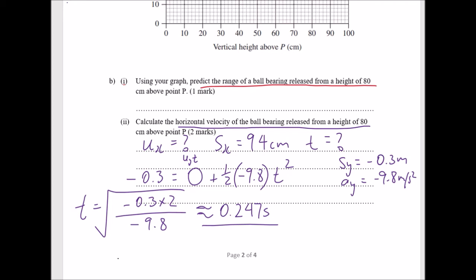Okay. Next bit I need to do then is find the initial velocity. So our displacement is equal to our horizontal component times t. So ux, to find that, is sx over t. Sx in this context is 94 centimeters, or 0.94 meters, and time is 0.247.